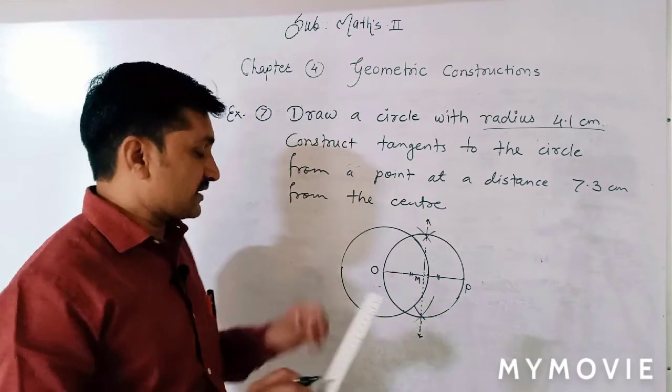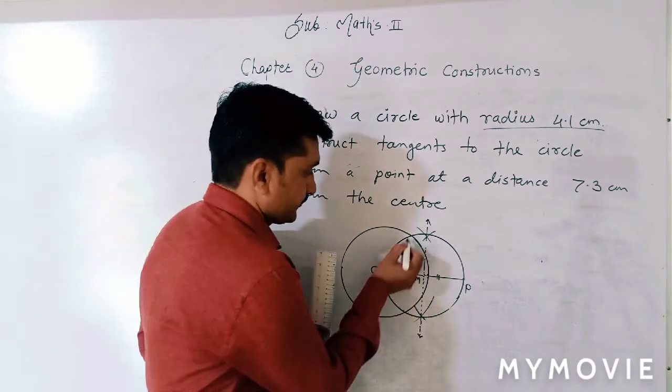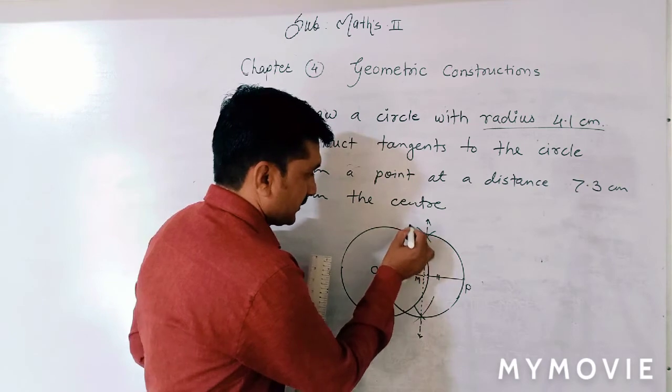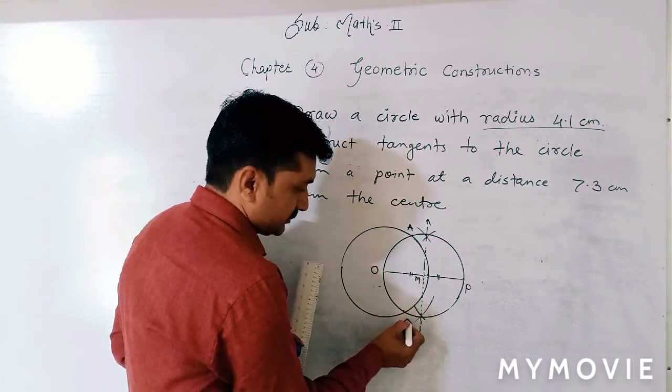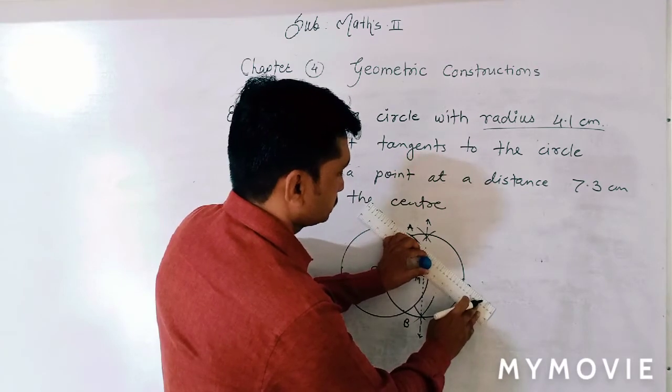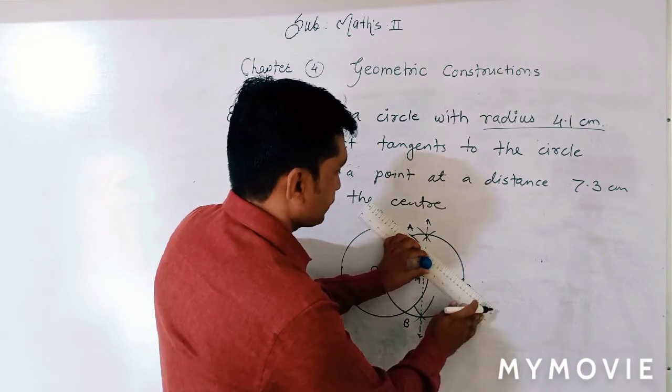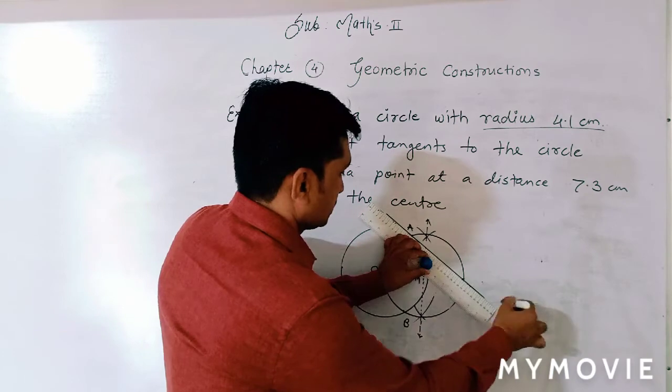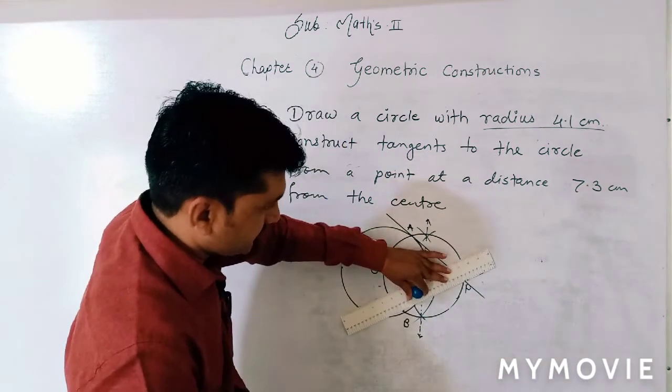Now the intersection points of the two circles. Here I give A and here B, and draw lines from AP and here from PB.